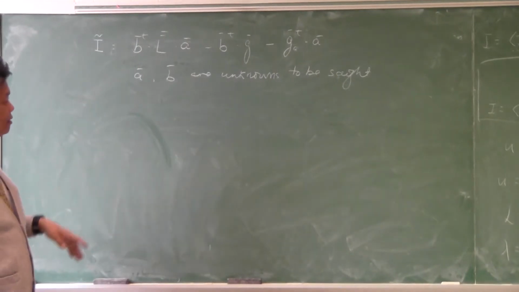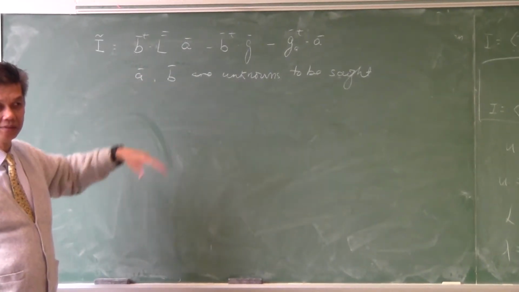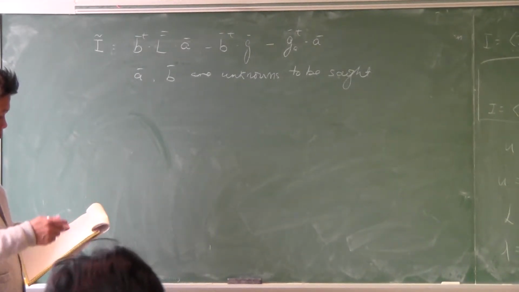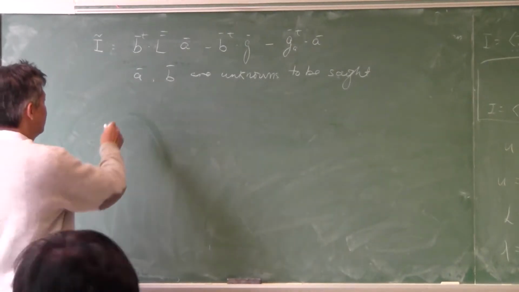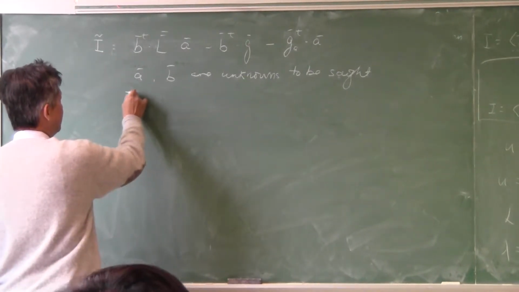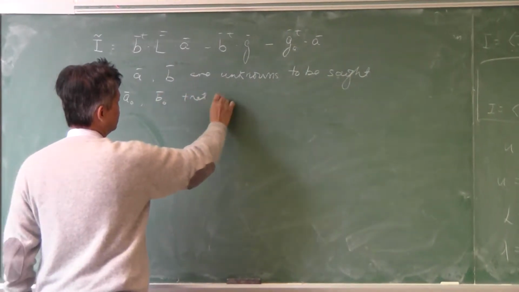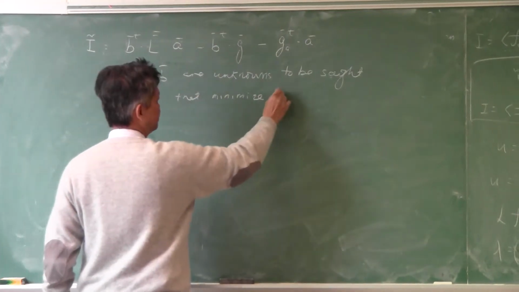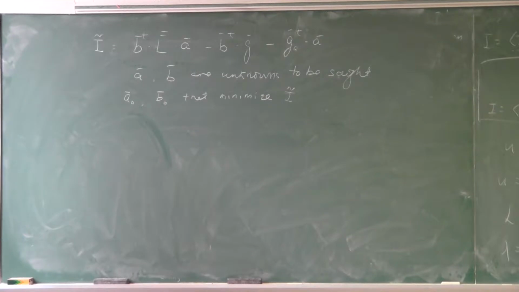The minimum point is also something that minimizes this quadratic function now. So what we need to show is that there will be an optimal A and an optimal B that minimize or optimize I tilde. There will be something that is optimal because it's quadratic.